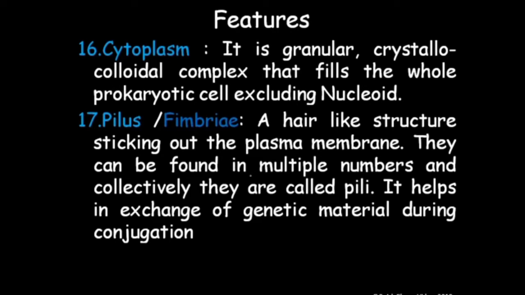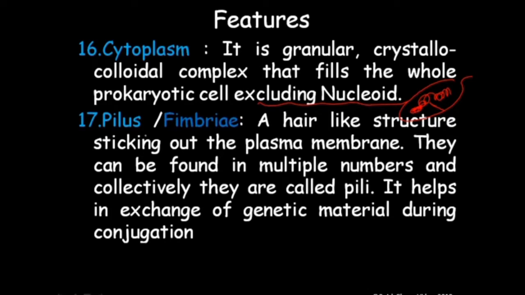Cytoplasm is a granular crystalline colloid complex that fills the whole prokaryotic cell excluding the nucleoid. So other than the nucleoid, the coil structure, and the flagellum, this area is filled with cytoplasm.